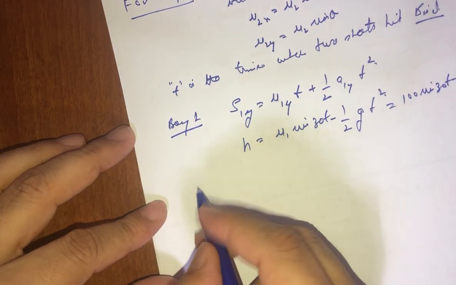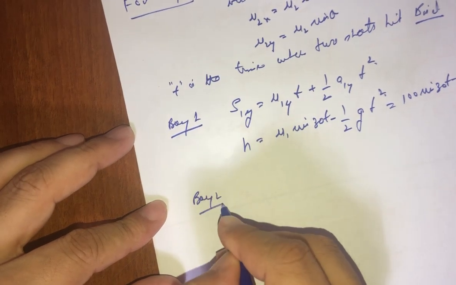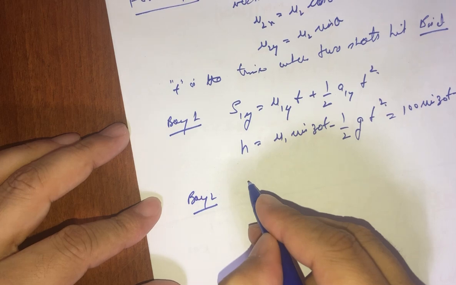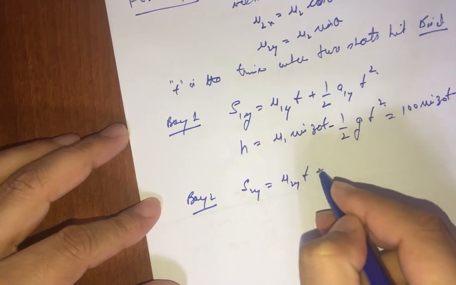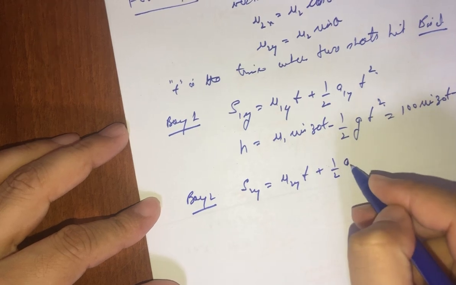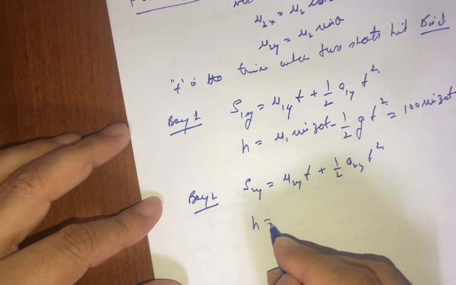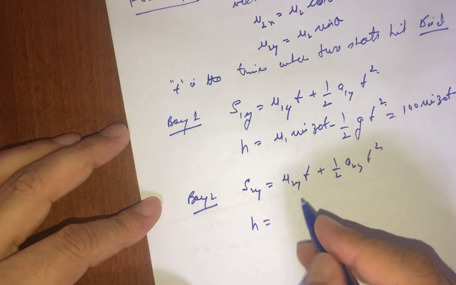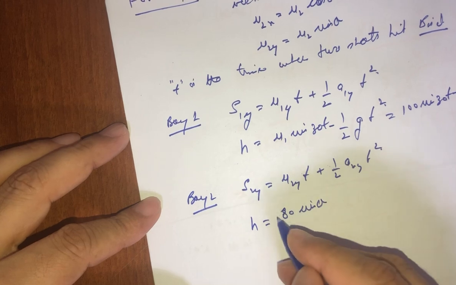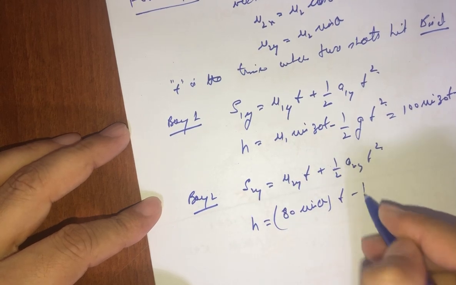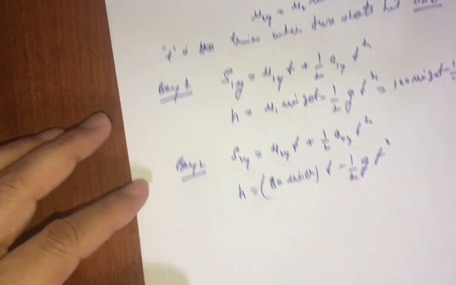And similarly for boy 2, we can write s2y is equal to u2y t plus half a2y t square. In this case also it will be h is equal to 80 sin theta multiplied by t minus half g t square.